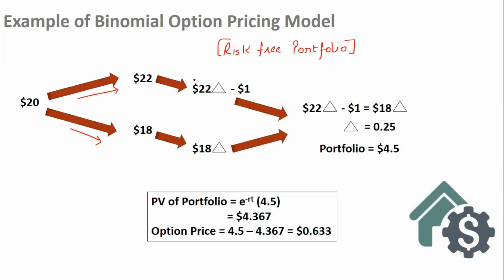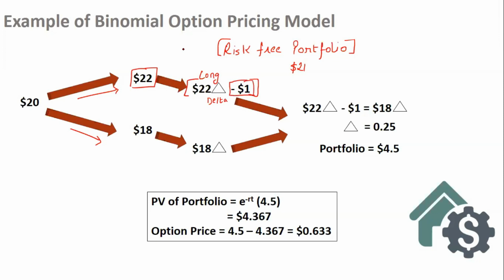Okay, so you can see this portfolio where you are going long on a certain amount of shares, right? So this triangle is delta. Delta here is representing the fraction of share on which you need to go long. Okay, you need to buy those shares. And since this has gone to $22, this is the assumption we are making, right, to the upside, that means the option which you have sold on strike 21, you are now making $1 loss in it.